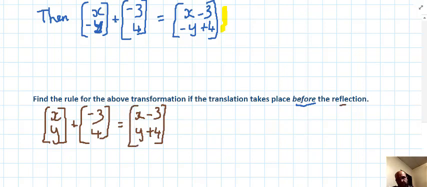Then the reflection. Now remember, with such matrices, for conformability, we need to get the reflection matrix written down first. So reflecting it in the x-axis, we use that matrix multiplied by the previous result.